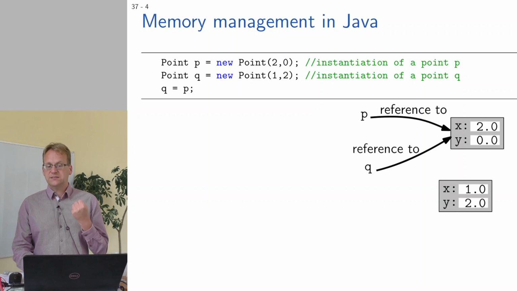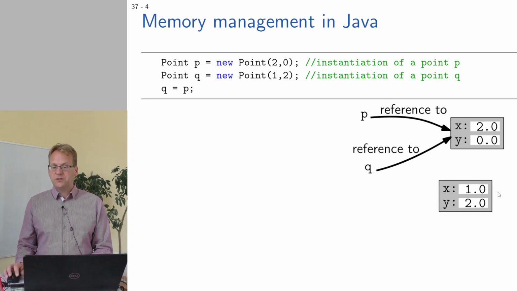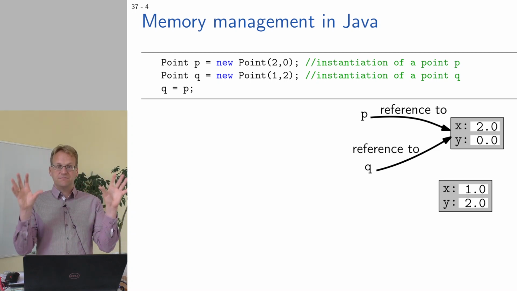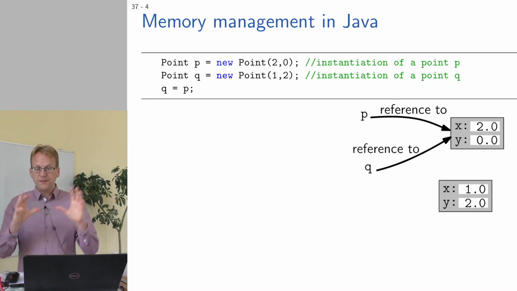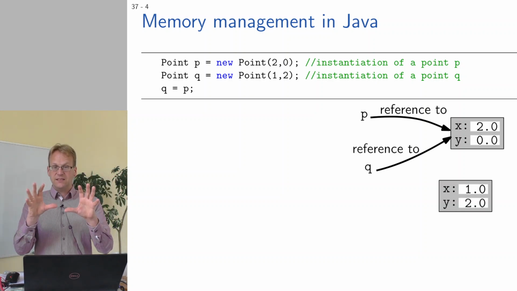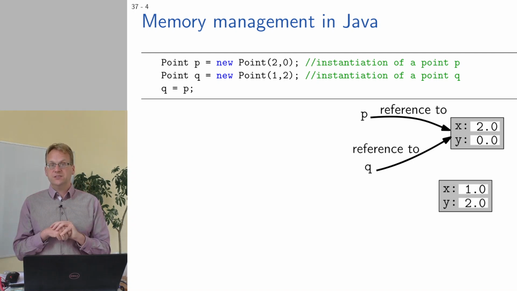So we have this situation now. Both variables P and Q refer to the same point object. And this second point object here is not referenced at all anymore. There's no variable referring to it. Meaning this is now kind of lost data in the memory. There is this data somewhere in the memory, but no one is referring to it anymore.